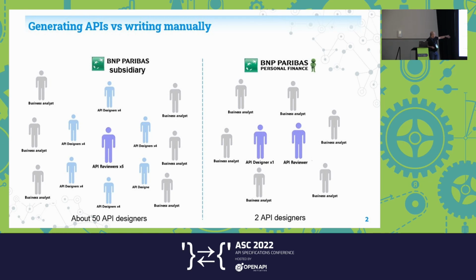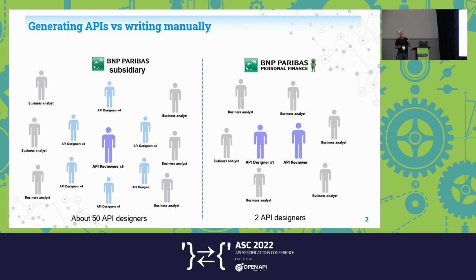They write the OpenAPI specification with the usual tools. And at the end, there is a central team of API designers and reviewers to make all the OpenAPI consistent. This is about 50 API designers.